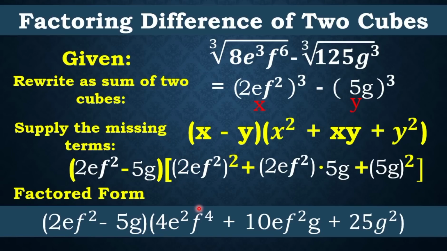And then, e squared, kasi ita-times mo yan lahat dyan sa exponent. So, e squared and then f raised to 4 kasi 2 times 2 is 4. Next. So, ito ay 2 times 5, that is 10. And then e, copy e, and then f squared, and then g. Now, ito naman, 5 squared. So, 5 times 5, 25. And then g squared. Okay, so this is now our factored form.